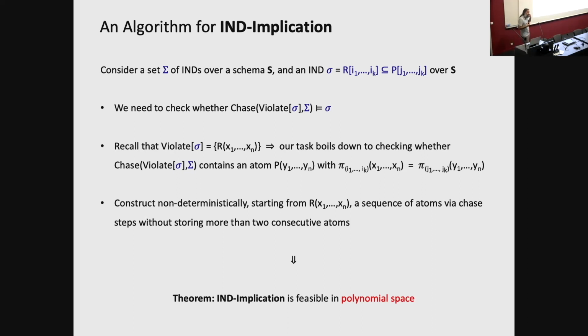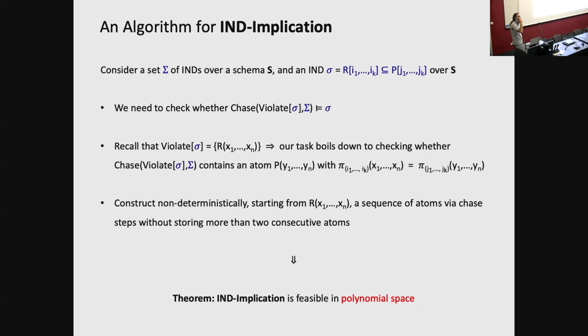That's the point, because I can't afford to store all of them, because I may have to generate a very long sequence. Nobody guarantees that starting from R(x1, ..., xn), after polynomially many steps, I will find this atom if it exists. So I cannot store the whole history. That's why I said, once I generate an atom, I can forget its parent, right? Which means at each step, I need to remember 2 atoms, right? A lot of details are missing, but the essence is that this is what allows me to get the p-space, right?